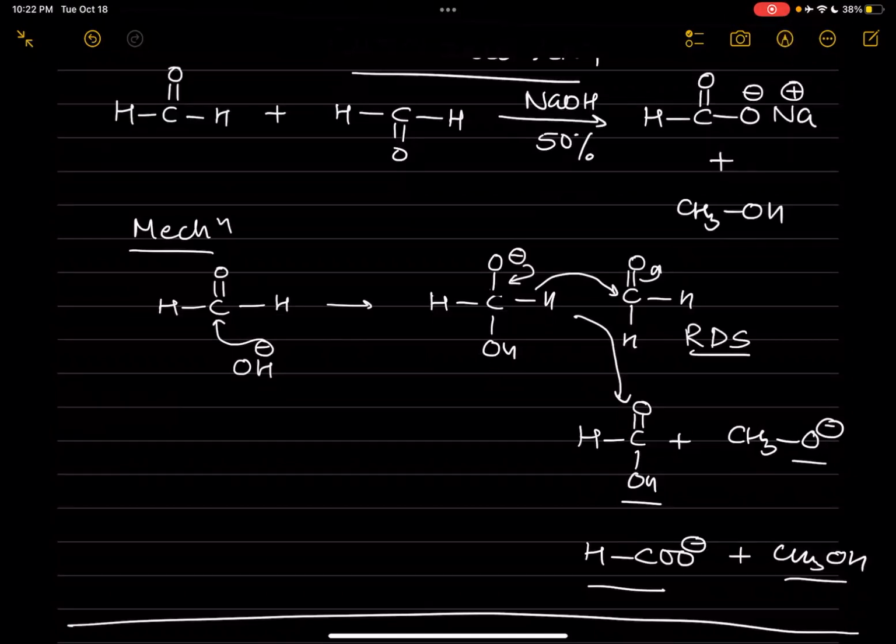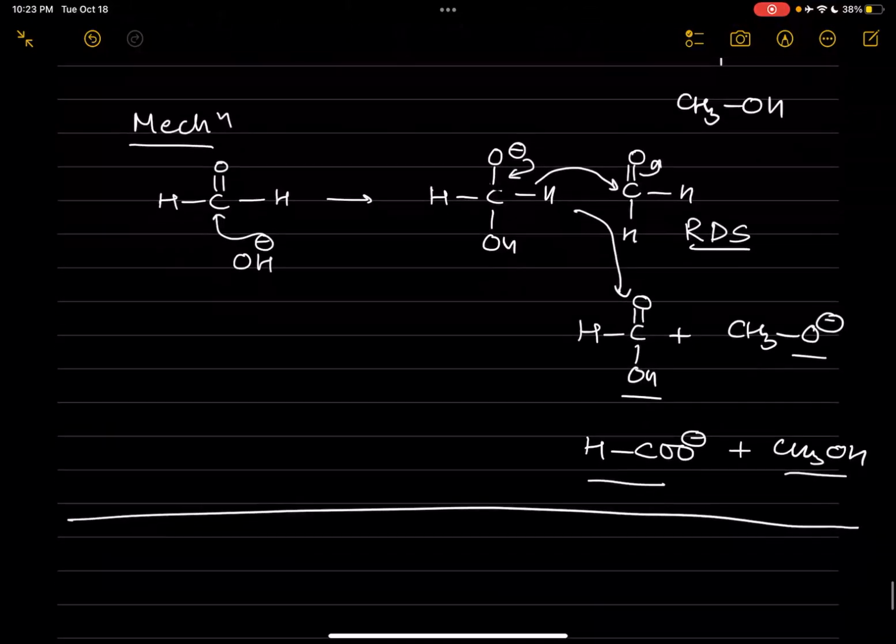H minus breaks from one molecule and attaches itself to another. Sir, what does R stand for? Rate determining step. Okay, so slowest step.